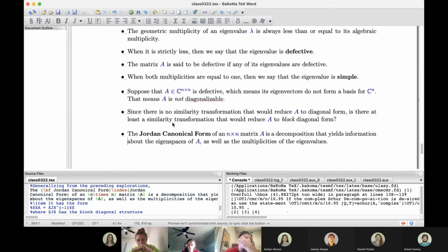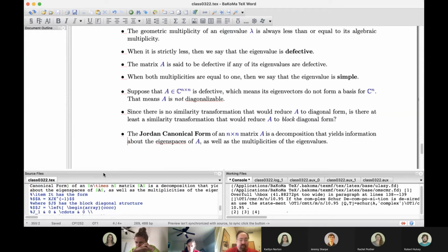This tells us everything we need to know about the eigenvalues of A, eigenvectors, as well as multiplicities of the eigenvalues, both algebraic and geometric. And in the case where A is defective, so it does not have a full set of eigenvectors, it has instead what's called generalized eigenvectors.